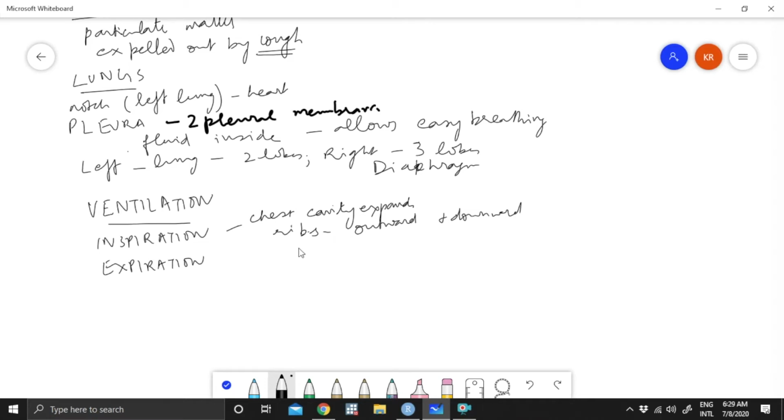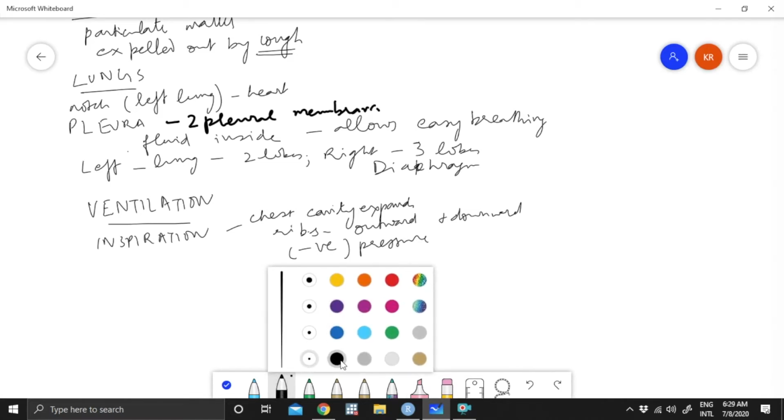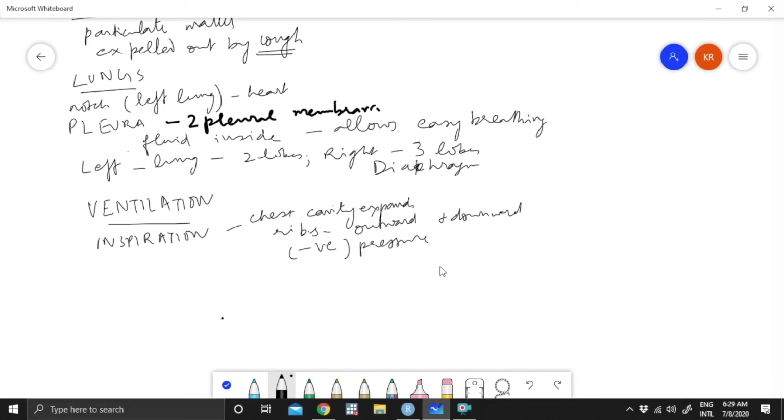Therefore, this creates a negative pressure inside, and this negative pressure therefore draws atmospheric air inside.